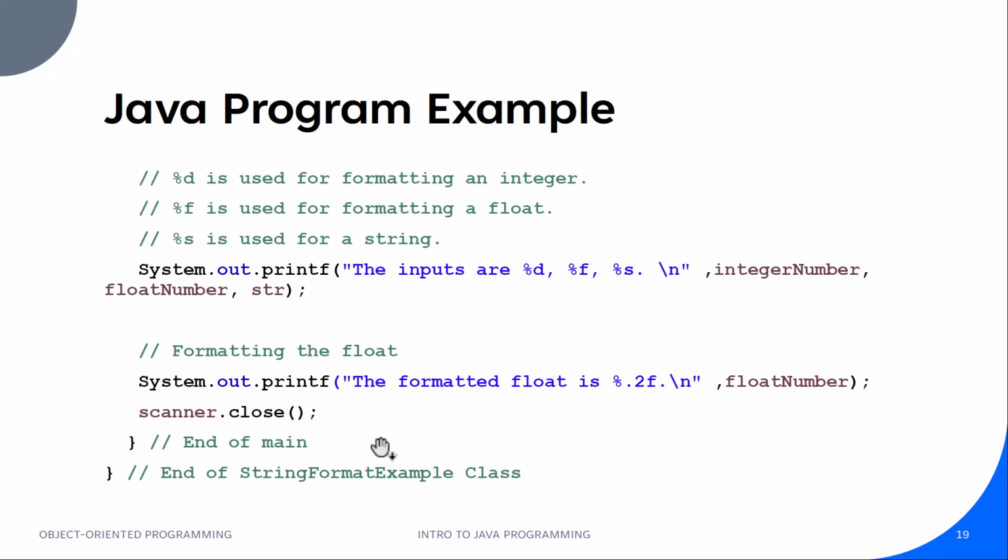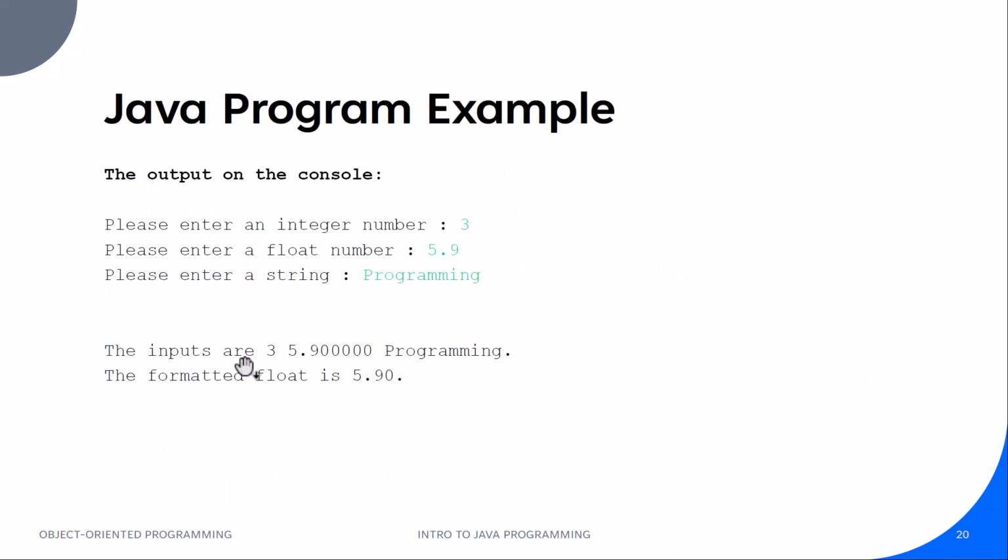Remember that I'm outputting 3 parameters here, the integer number, float number, and string, and the inputs are 3. Now this is the float number. While I input 5.9, this shows in a full format, which adds some zeros toward the end, and then it shows the string programming.